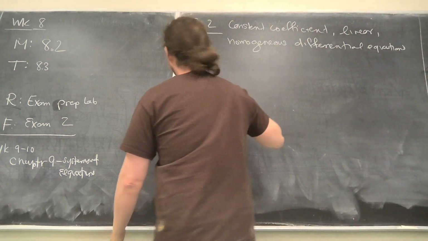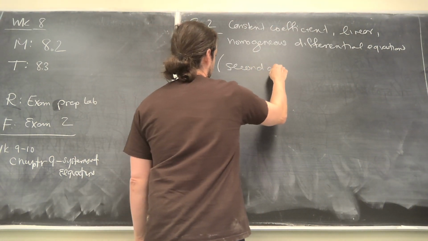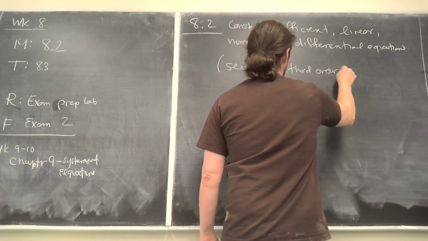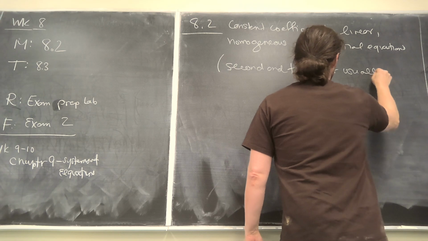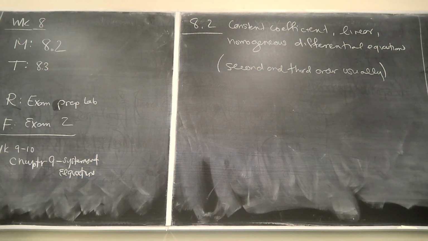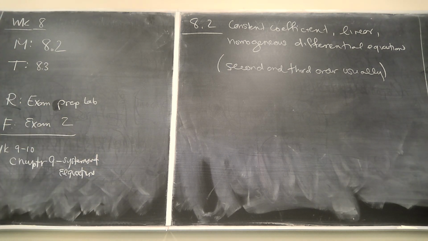And going one step further, most of these are going to be second and third order, because the solution to these is going to involve factoring, and once you get above third order polynomials, factoring is hard. Actually, for some people, factoring third order polynomials is hard. Probably not you guys, though.